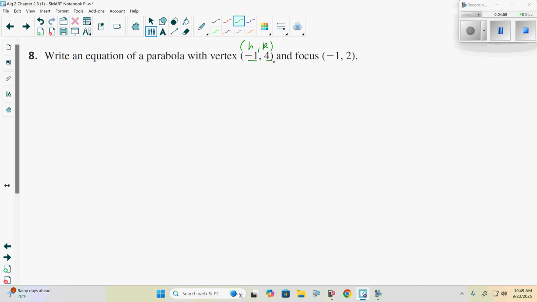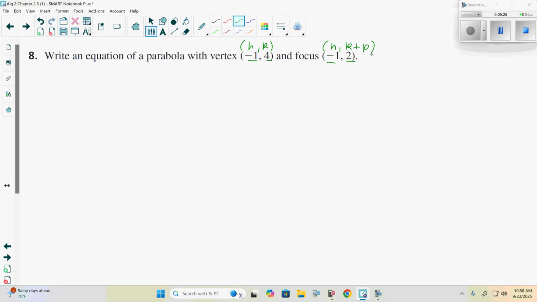The focus is the point negative 1, 2. Which of these changed? The y value, that second value. So that tells us that the focus has to be in the general form of h comma k plus p. We put the p value with the second one because that's the one that changed from the vertex.